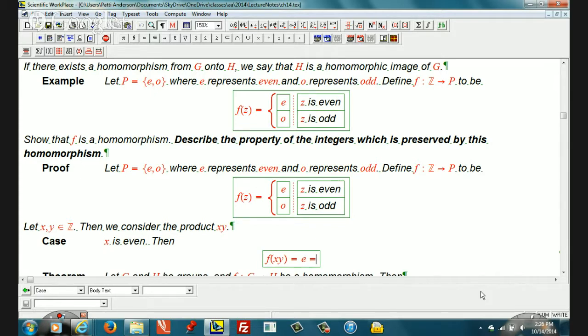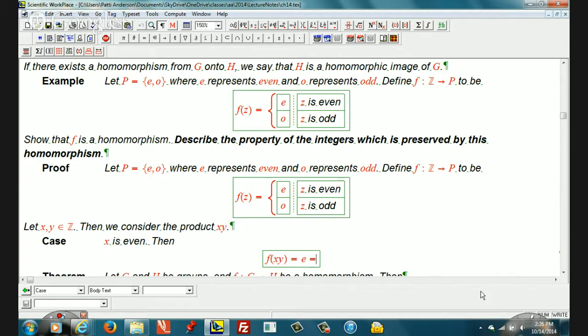What does it mean when you put f of x times f of y? Yeah, because that's what we're getting ready to do. We have to look at f of x times f of y. So how would we do that? I mean, that's an even times an odd.